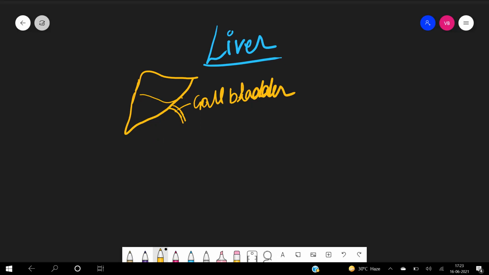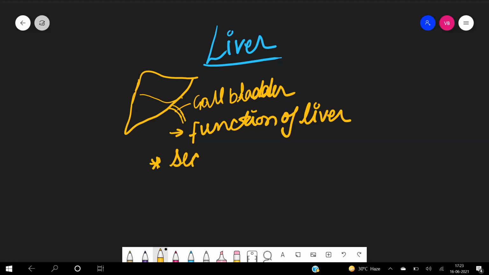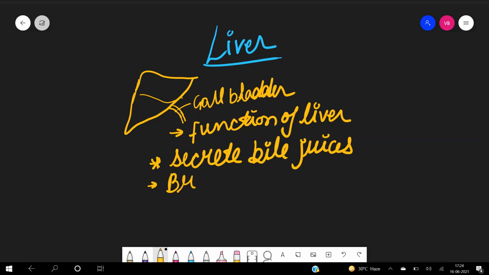Now, what does this organ secrete? The function of liver. Many functions are there, but when we are talking about the digestive system, it secretes bile juices. And what is the function of bile juices? Bile juices are the only secretions which can break down the fat.